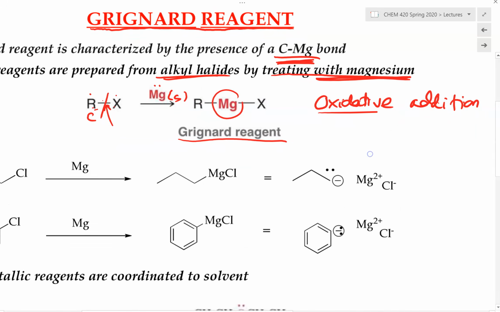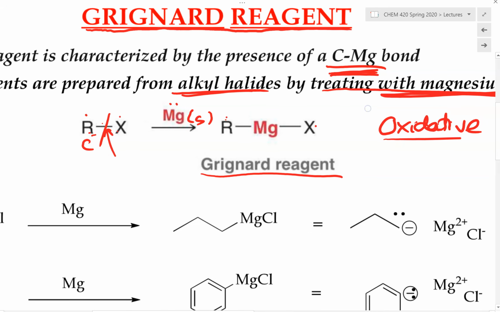So magnesium is able to insert itself by giving 1 electron to this halogen and another electron to this carbon, or this alkyl group. So this bond, even though we draw them together as a covalent bond, has ionic character, in which the charge on this magnesium is +2, the charge on this halogen is -1, and the charge on this carbon of the alkyl group is -1.